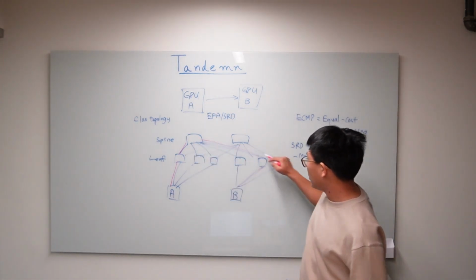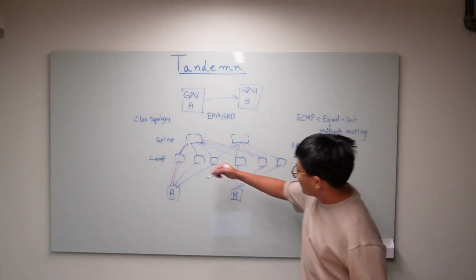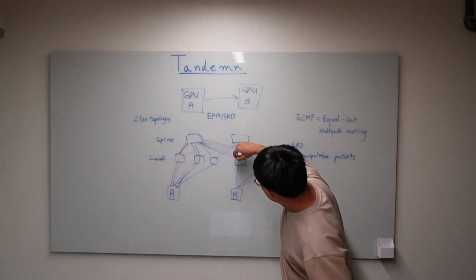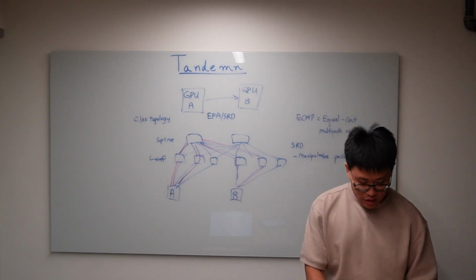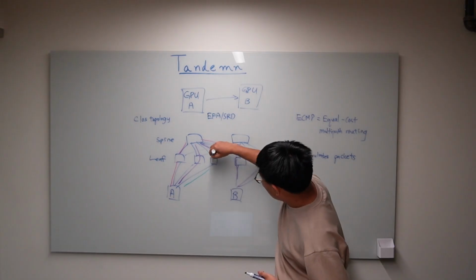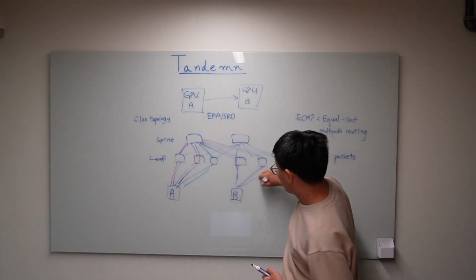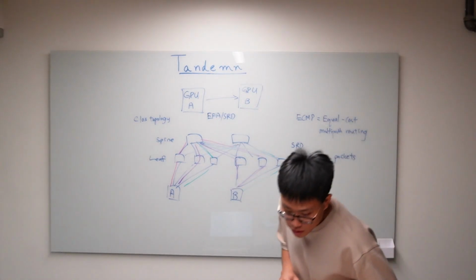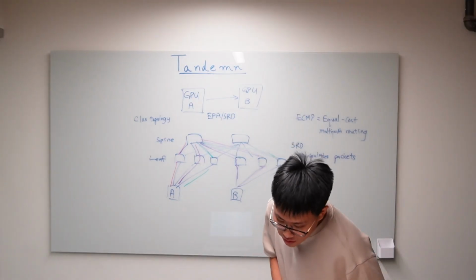They can go through this one path, they can go through another different path to go to B, right? And it can essentially exhaust all the available paths from one node to a different node. So that's one benefit of SRD.